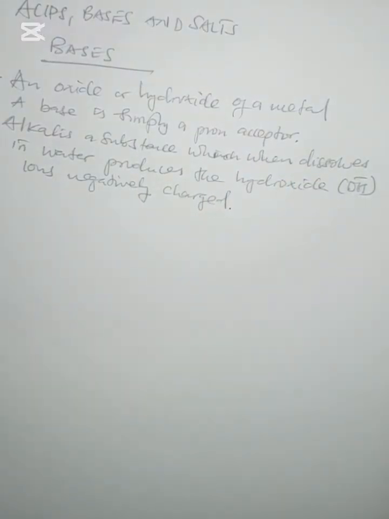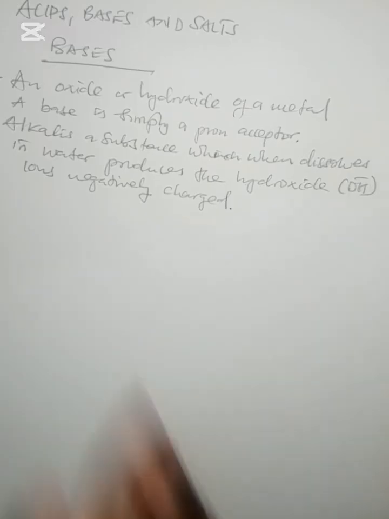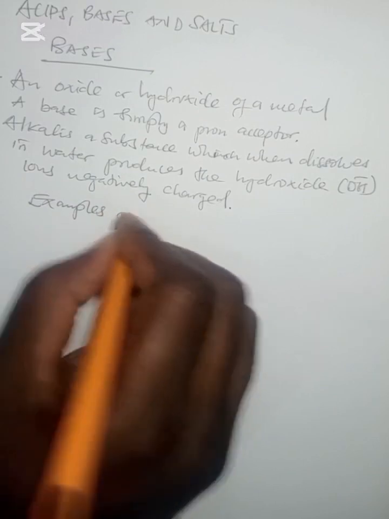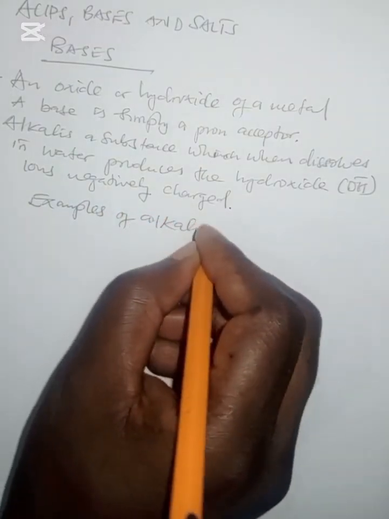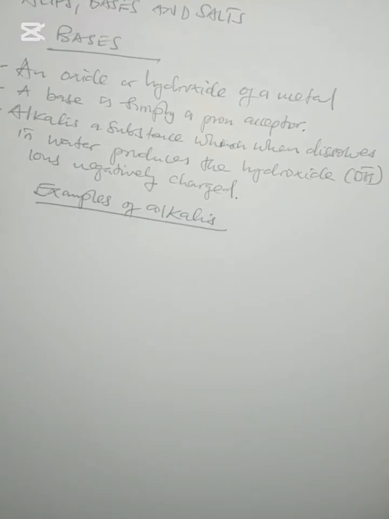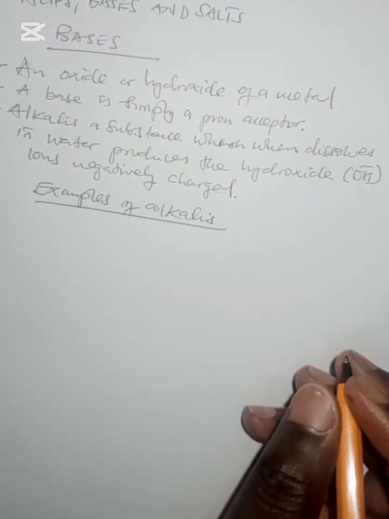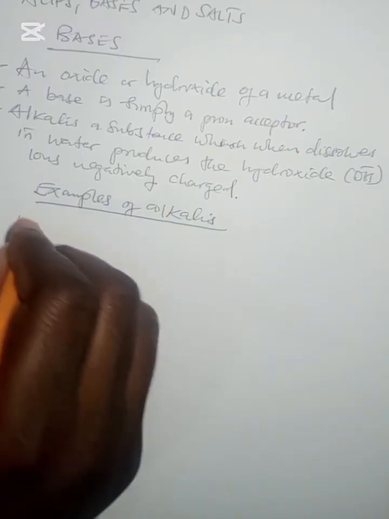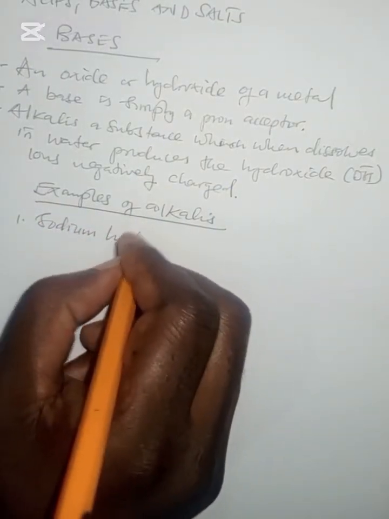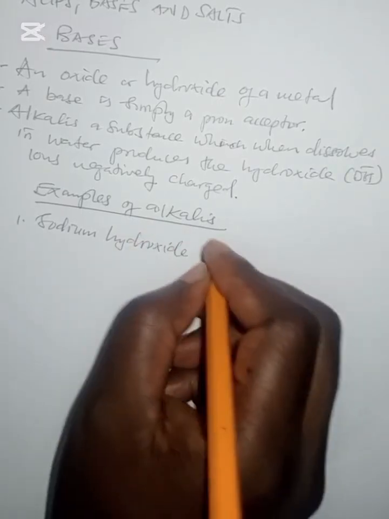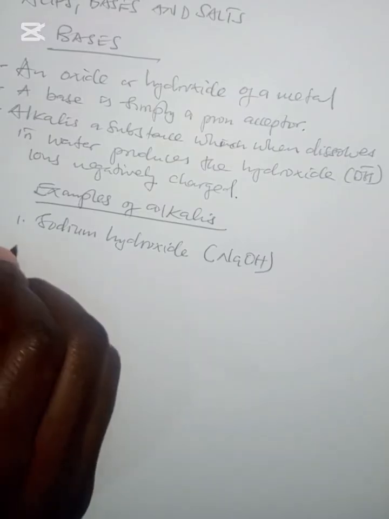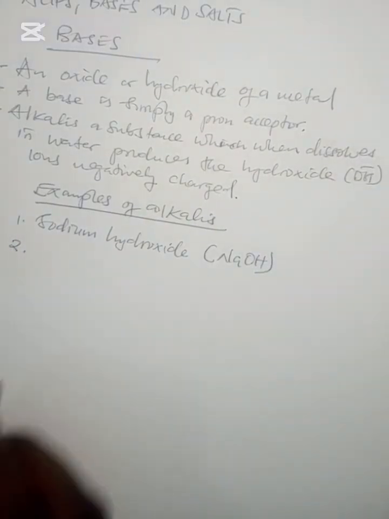So let's look at examples of alkalis. When we say examples of alkalis, we are referring to examples of bases that can dissolve in water. Number one, we have sodium hydroxide. Number two, potassium hydroxide.